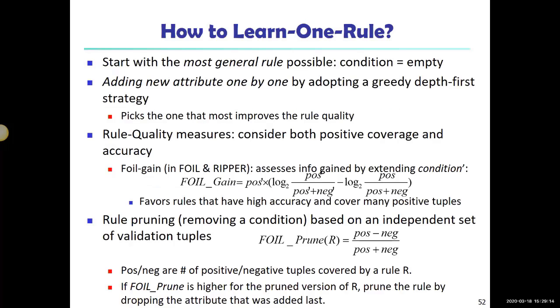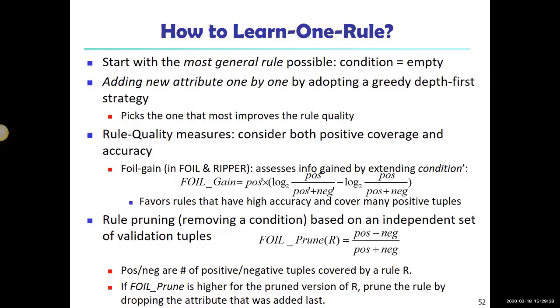So how then do we learn one rule? As we hinted, at the initial step, the condition is empty. We want to predict whether somebody's loan application will be approved or not. We start with an empty condition. We add a new attribute. There are lots of attributes, right?